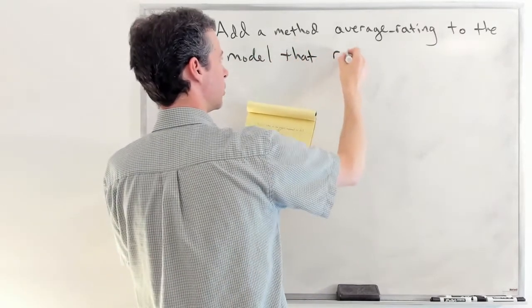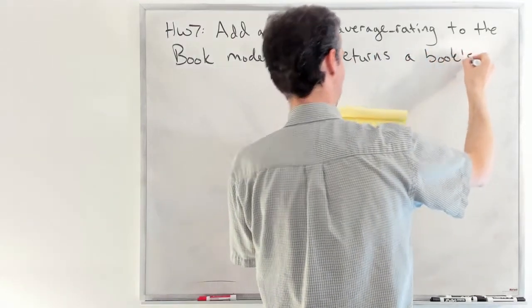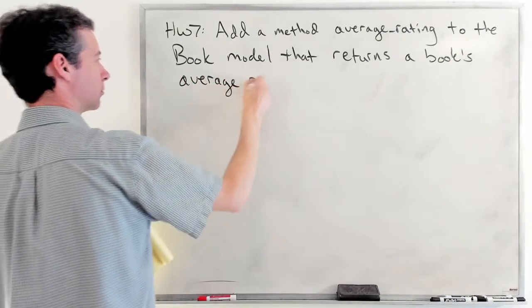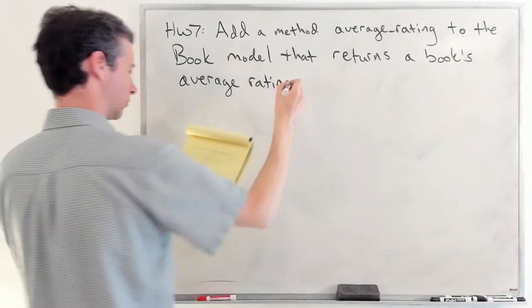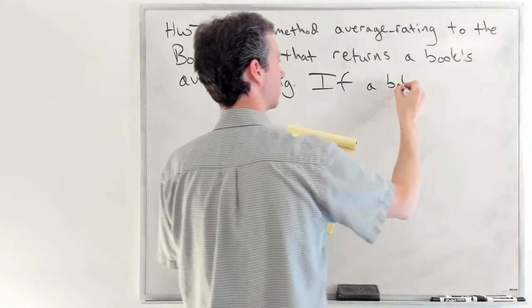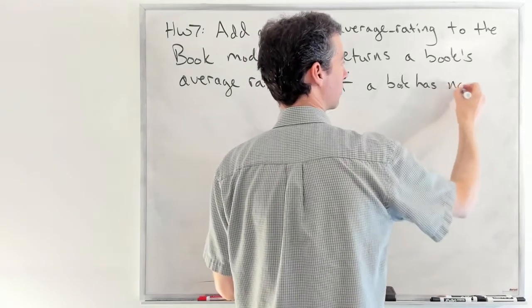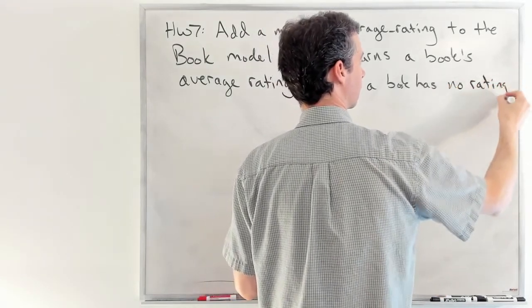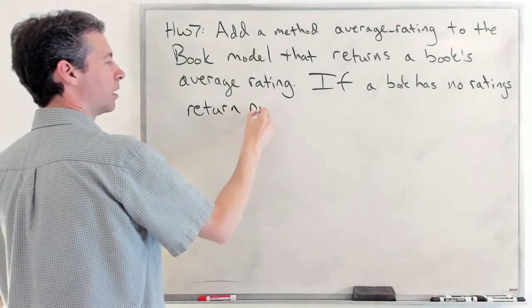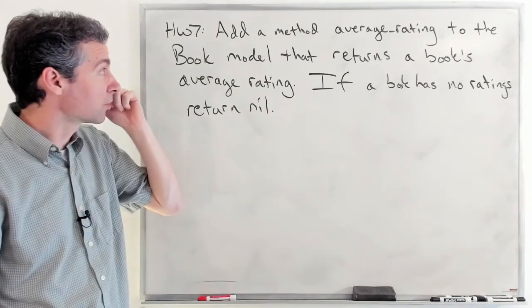This method returns a book's average rating. If a book has no ratings, return nil.